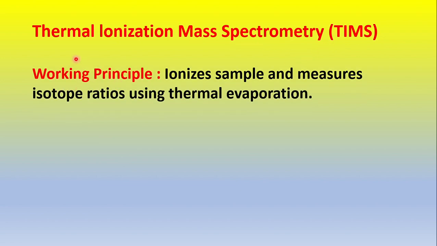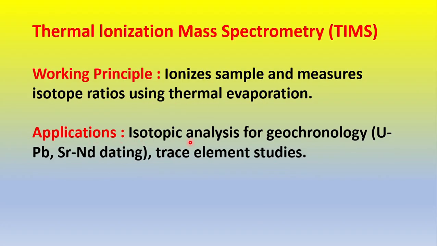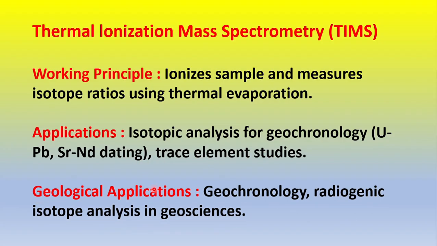The working principle of thermal ionization mass spectrometry is that it ionizes samples and measures isotope ratios using thermal evaporation. It is used in isotope analysis for geochronology, like uranium-lead dating and strontium-neodymium dating, or trace element studies. The geological application of thermal ionization mass spectrometry is in geochronology analysis and radiogenic isotope analysis in geoscience.